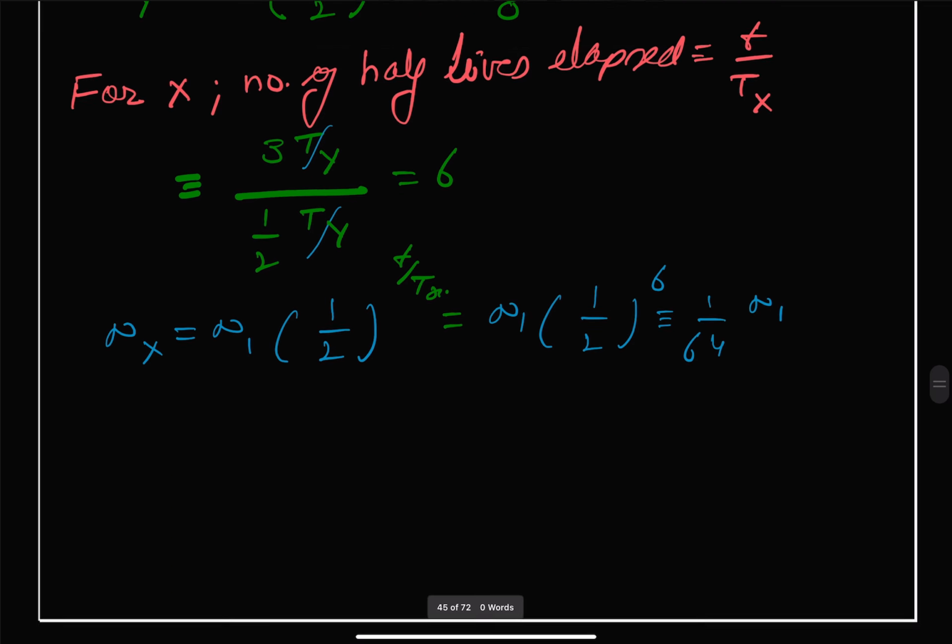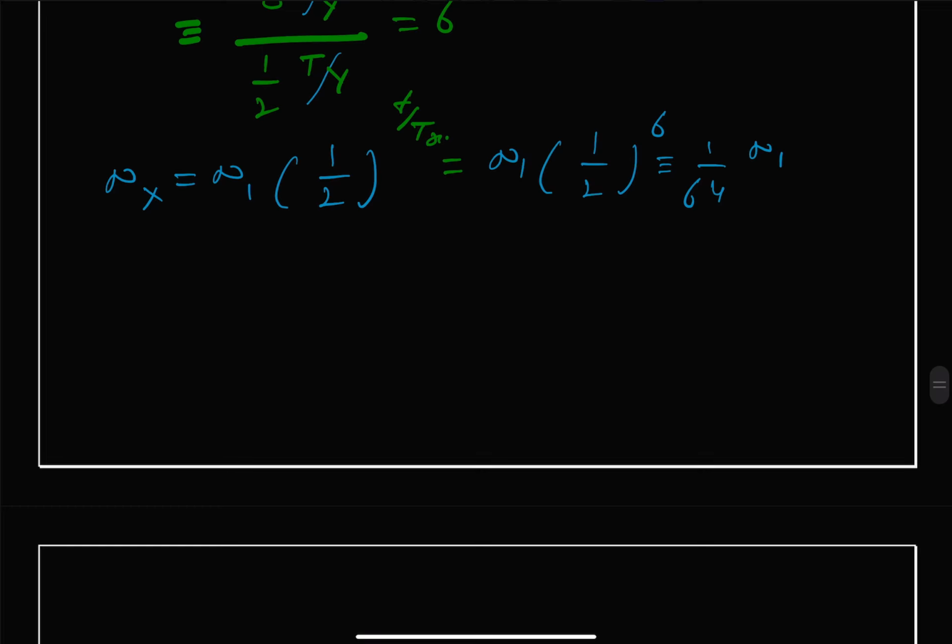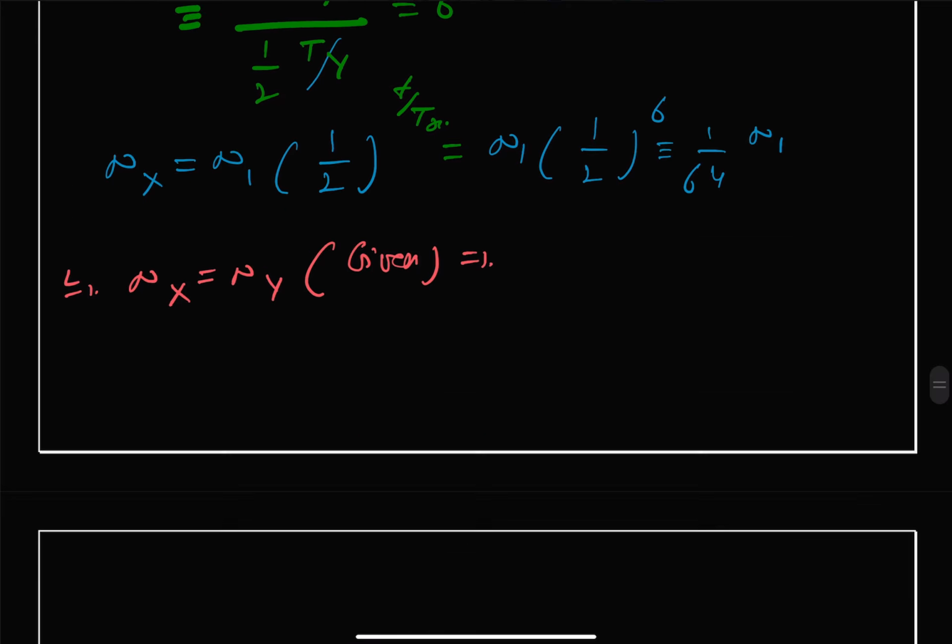It means Ny is equal to Nx. So we can say that Nx is equal to Ny, and this is given to us. We simply substitute their respective parts. Nx is N1/64, and this is N2/8.